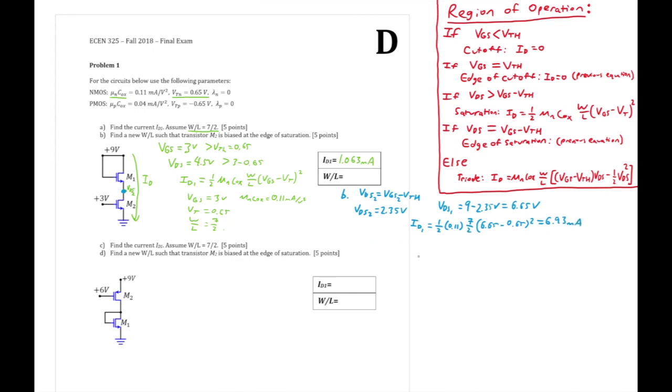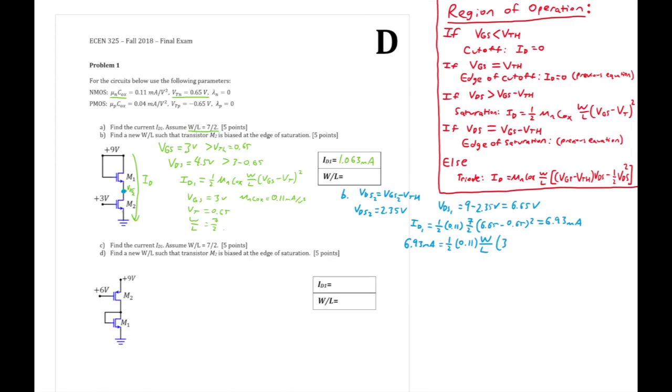Okay, this means that the current going through M2 is 6.93 milliamps. So then we can use the same equation to solve for ID2. However, we just changed the voltage. So we know our ID to be 6.93 milliamps, which is equal to 1 over 2. Our mu n COX is still 0.11. However, we are trying to solve for W over L. And in this case, our VGS voltage is 3 volts, right?